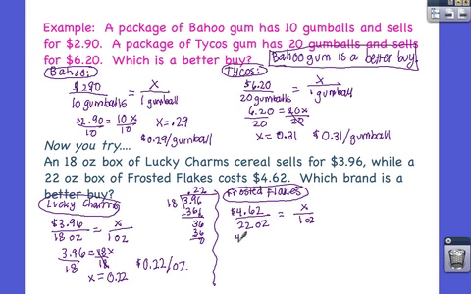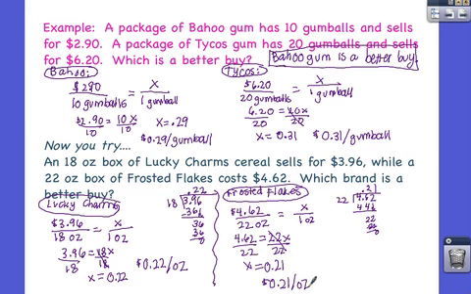Cross multiply to get 4.62 equals 22x, divide by 22, and you get 0.21, which means that it costs 21 cents per ounce. So that means that the Frosted Flakes is a better buy.